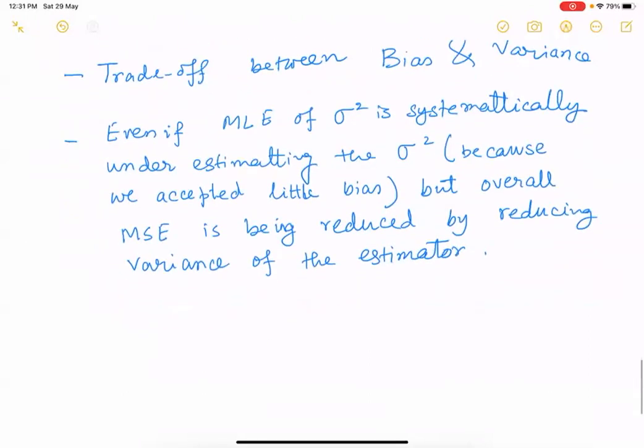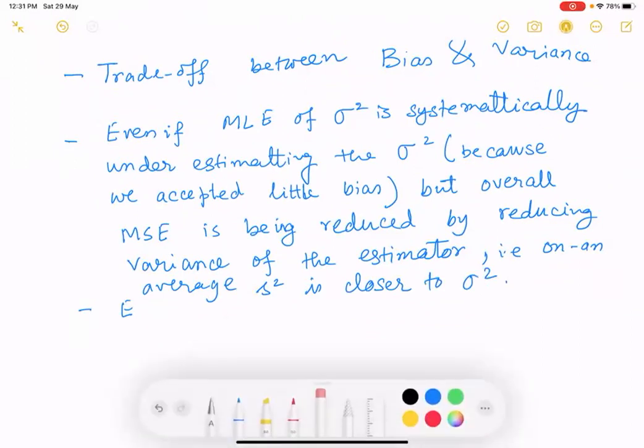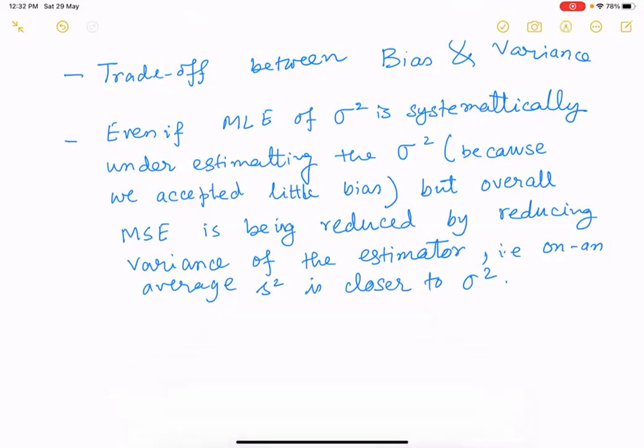So that means even if, on an average, small s square is closer to sigma square. Okay, so.